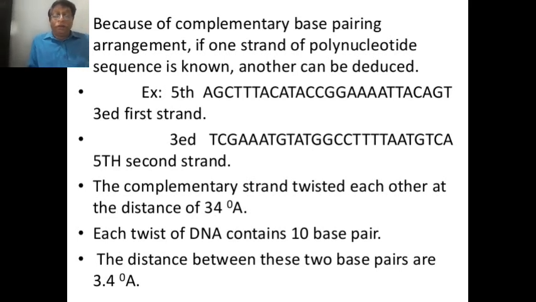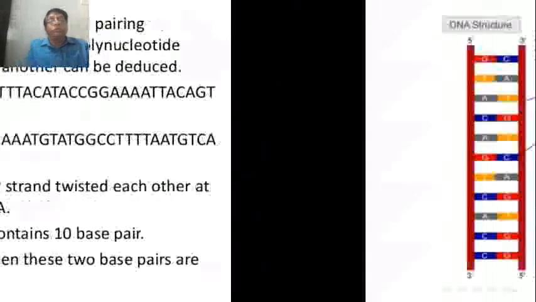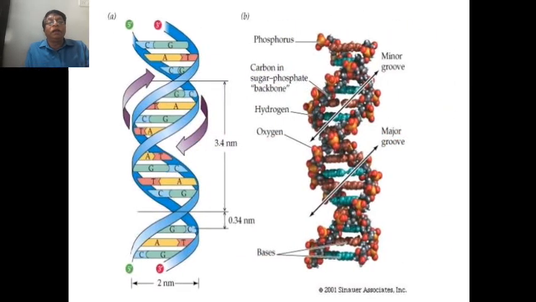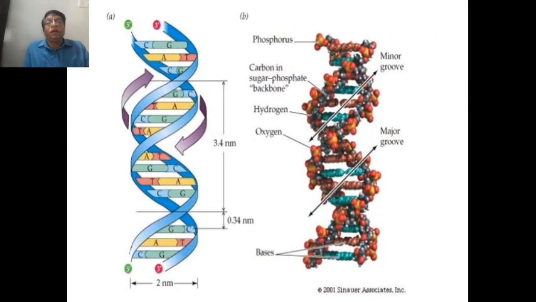Another feature, it shows major and minor grooves. So these are some of the characteristics of Watson and Crick DNA. Now see the diagrams of double helix. It is right-handed helix. You can see the complete turn, that is 10 nucleotides in each turn.